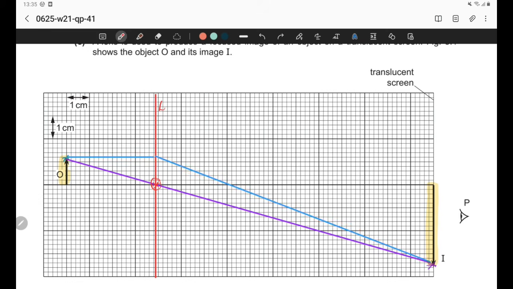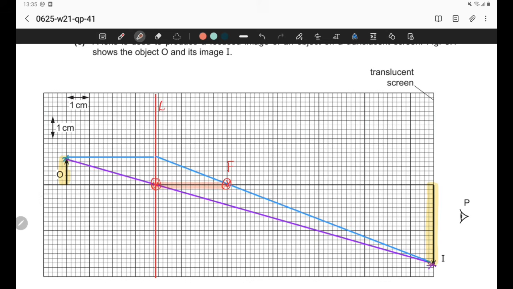Now we can check where this particular line meets the principal axis. This must be the principal focus, and we need to find the focal length. The focal length is the distance between this principal focus and the center of the lens.